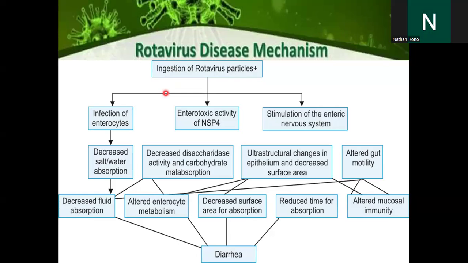Sucrase is responsible for breaking down sucrose. Maltase is responsible for breaking down maltose. Lactase is responsible for breaking down lactose. So what happens when these sugars are left unbroken? Will it be osmotic, hyperosmotic, or hypoosmotic?